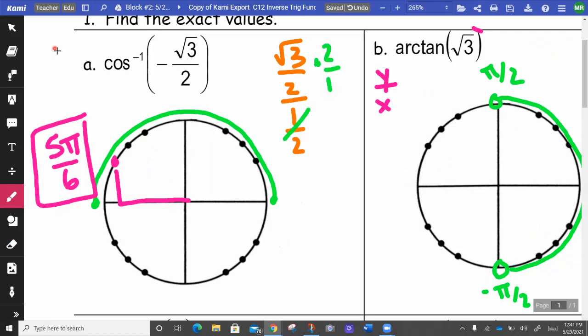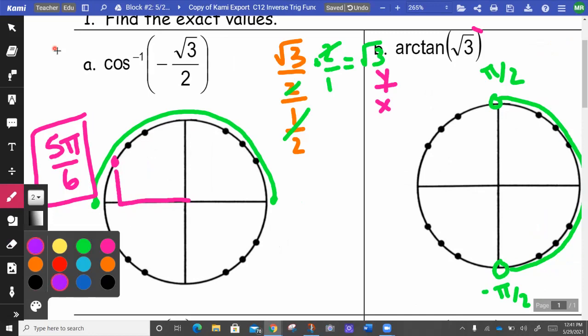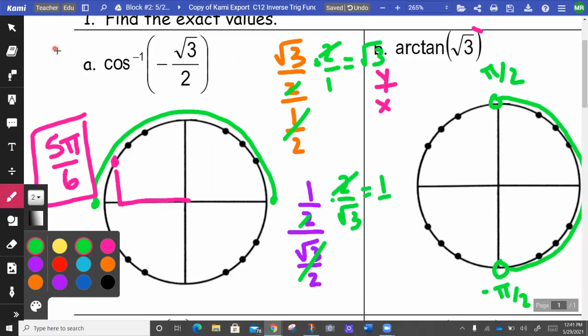And I would get root 3. You see when my root 3 halves was in the numerator. When I had it the opposite, where my root 3 halves is in the denominator, again I'm going to times by the reciprocal, okay? So 2 and 2, I get 1 over root 3. I multiply top and bottom by root 3, I get root 3 over 3.